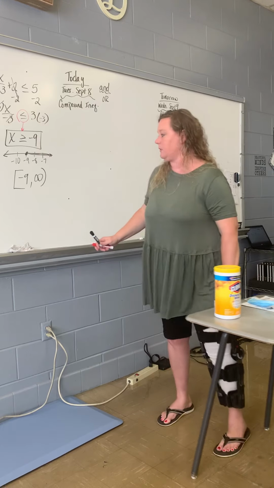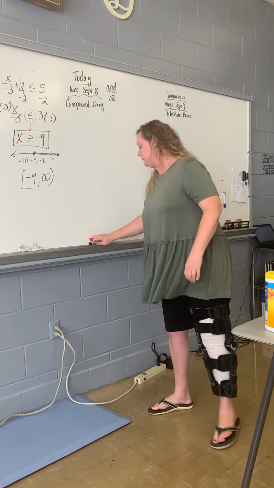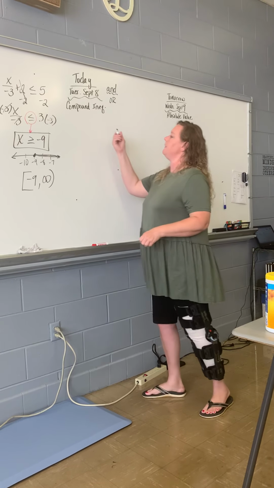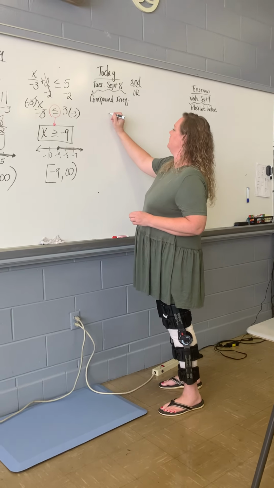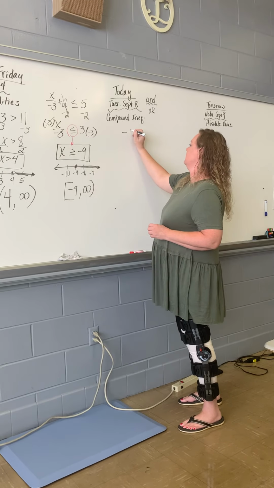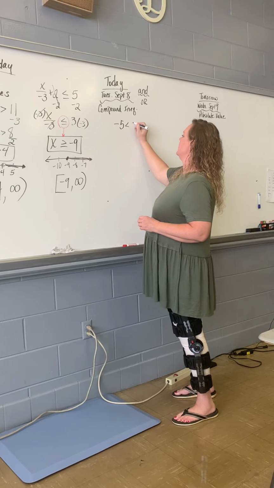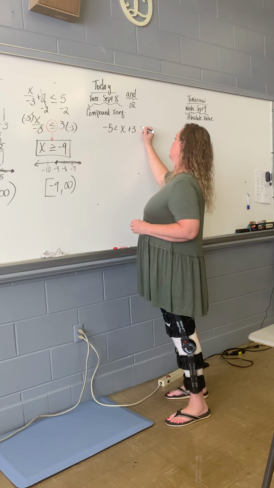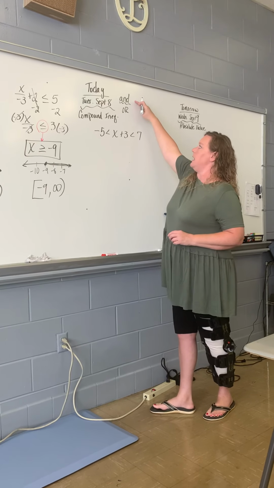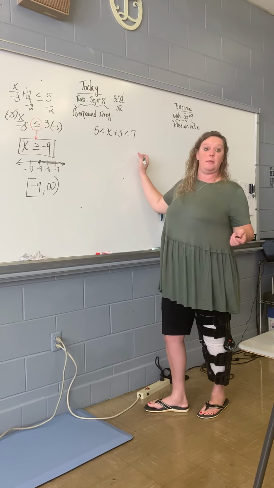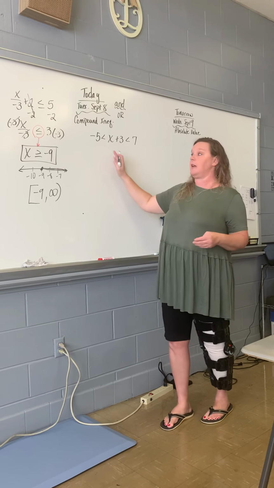All right, so let's work through a couple of these. If I have -5 is less than x plus 3 is less than 7, this is an and. I know that because the word or is nowhere to be found, and they're smushed together. It's got 3 parts to it.